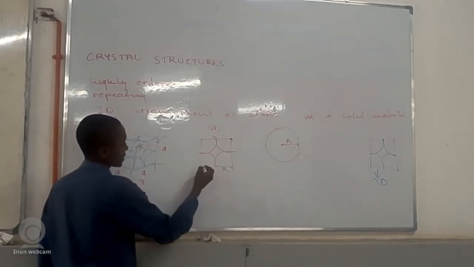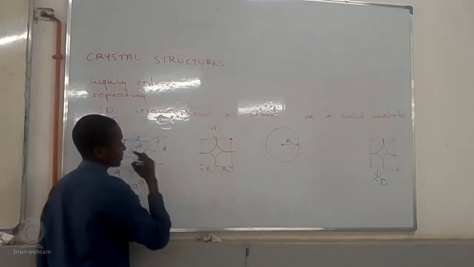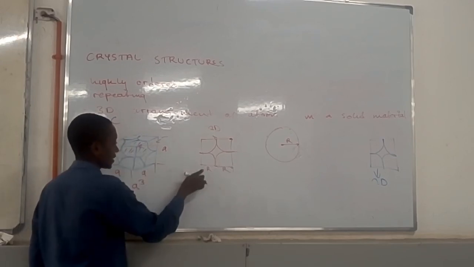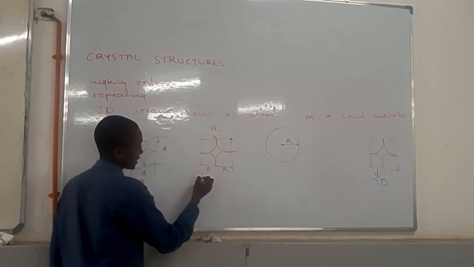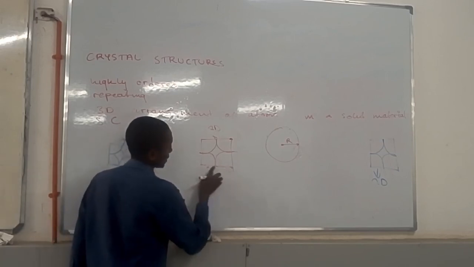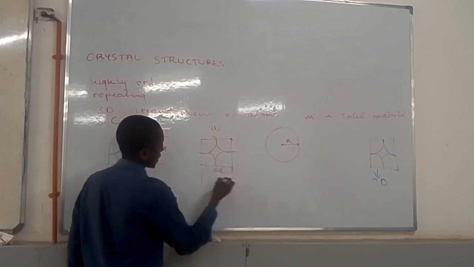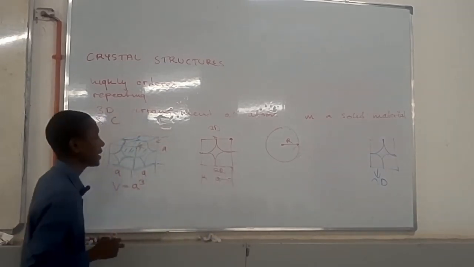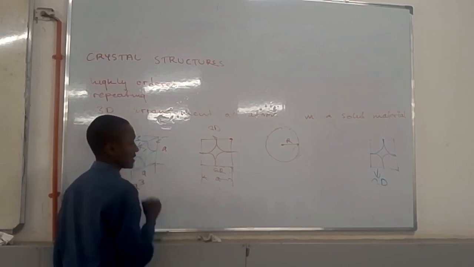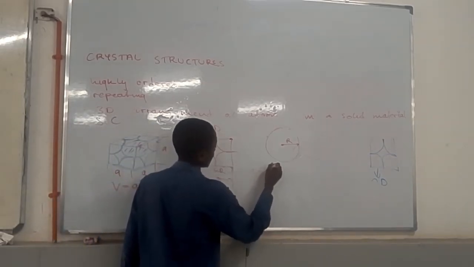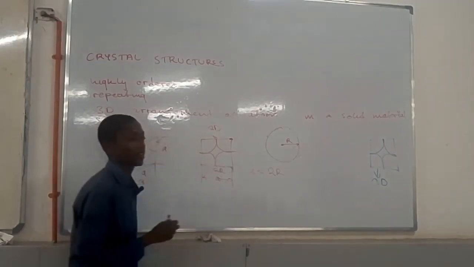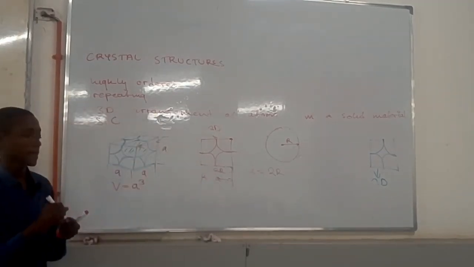If this distance is R, even this other distance is R. So this total distance here is 2R. But again, we are saying that this is A. So in short, A is equal to 2R. Are we safe?